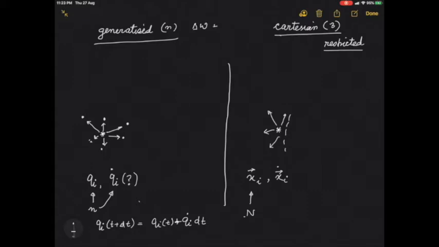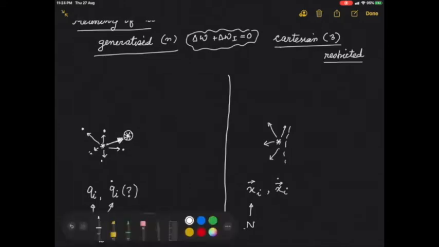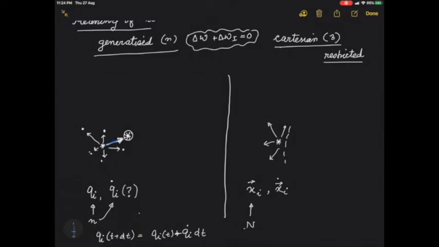And what is D'Alembert's principle? Let me write it here. So I have delta w plus delta w i, which is 0 for the trajectory. What happens is that out of all this infinite amount of choices that I have for qi dot, if I choose one particular one, maybe this one, then along this path, for this very small amount of change, this is a special one.